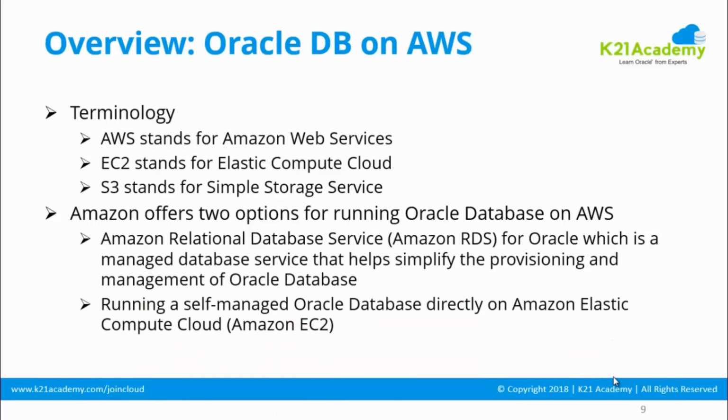On the other hand, if you don't want to hand over too much of the management to Amazon, but you want more control over what you're getting into the Amazon cloud, then you can run a self-managed setup, where you manage on your own as you would do in an on-premise system. But the key thing that you get is Amazon Elastic Compute Cloud, or Amazon EC2.